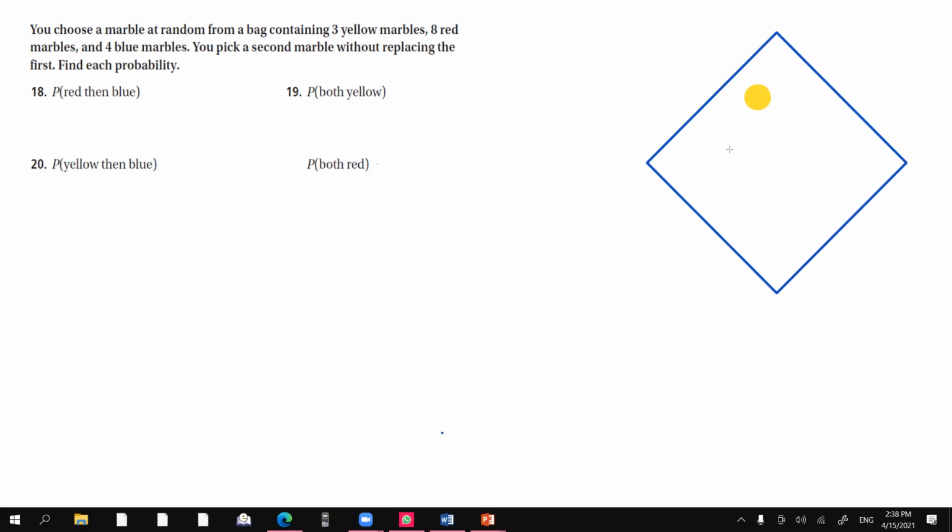So we have now 3 that are yellow, and 8 are red, and 4 are blue.